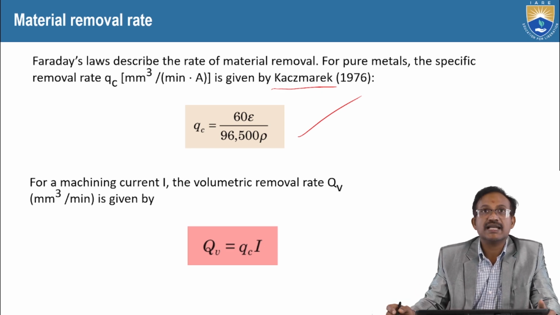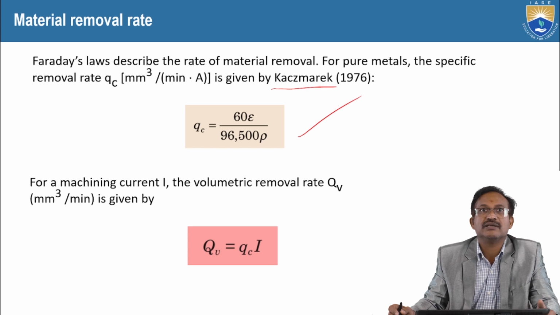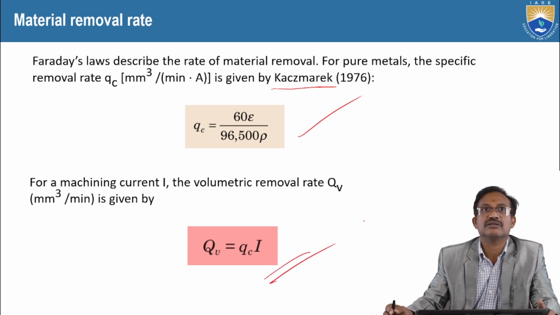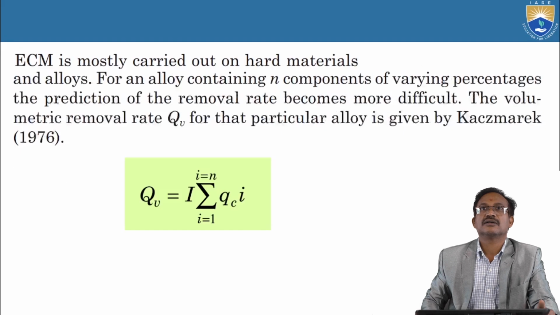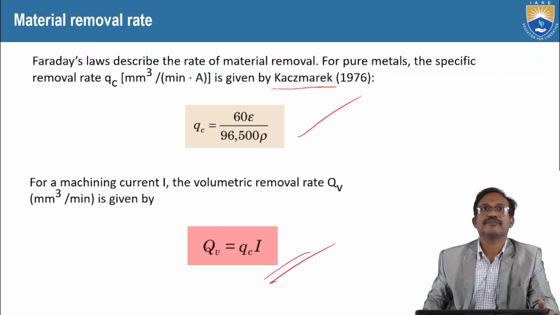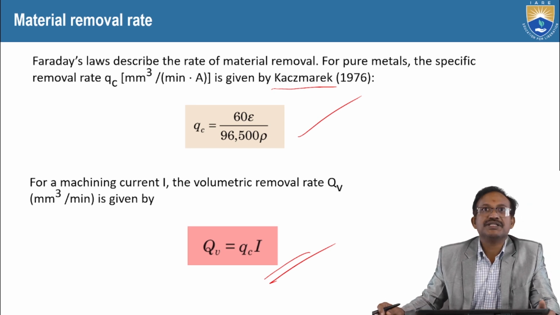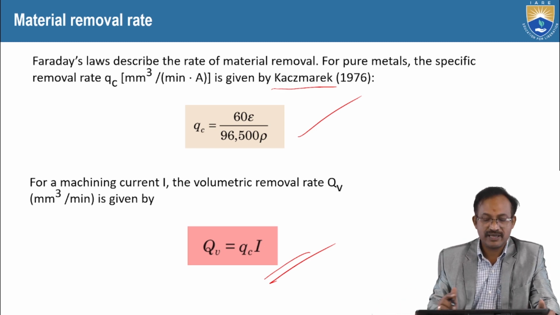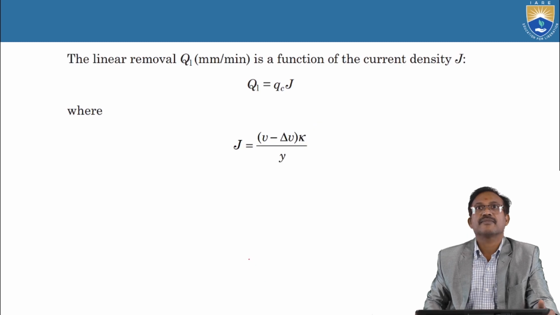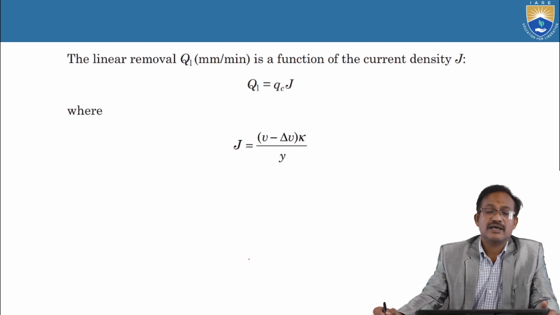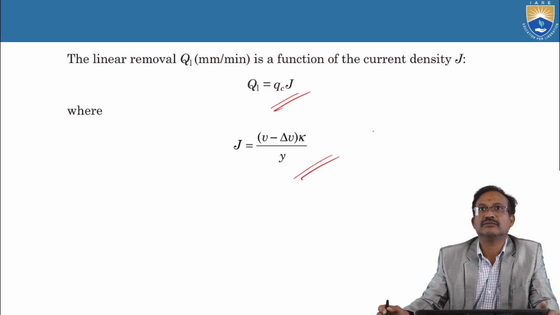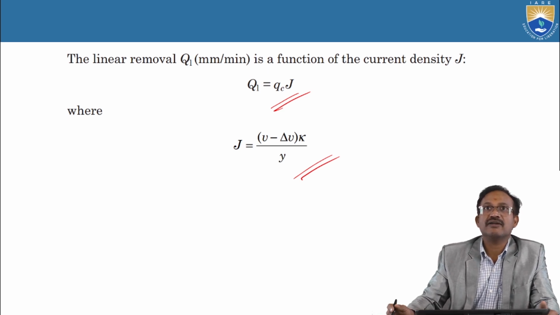For a machining current I, the volumetric removal rate QV, that is in mm cube per minute, is given by QC I. The linear removal Q1 is a function of current density J. Q1 equal to QC J, where J equal to V minus dV into K by Y.